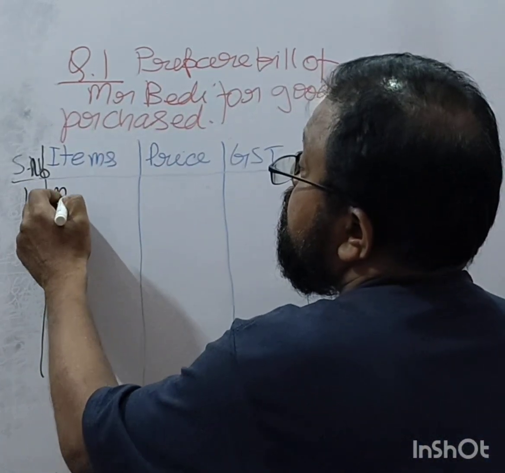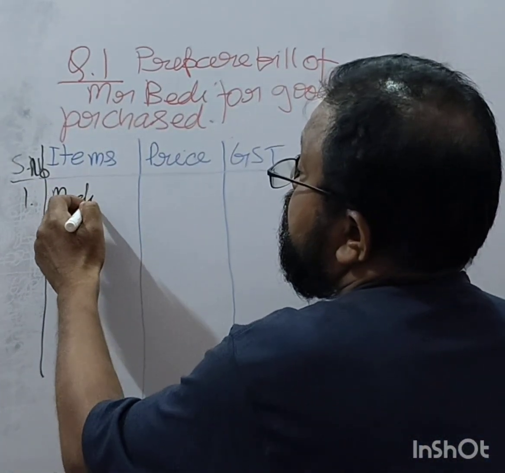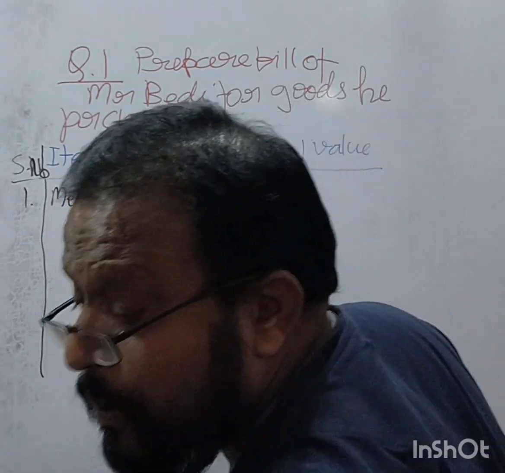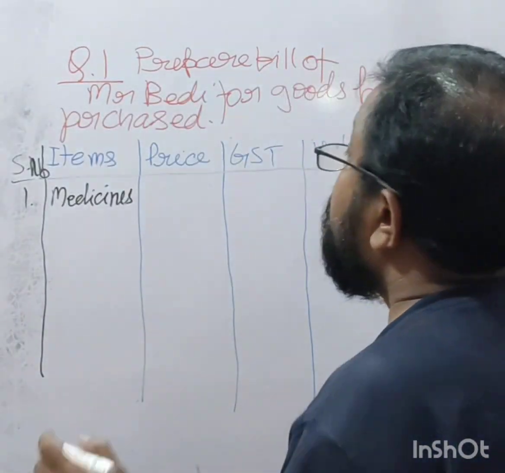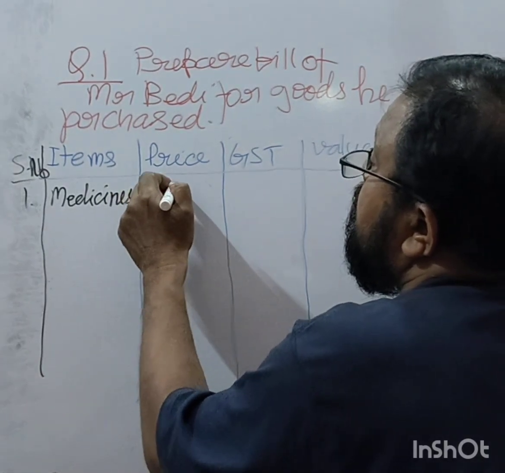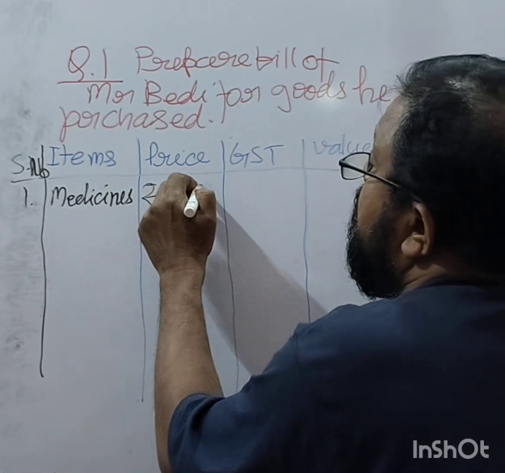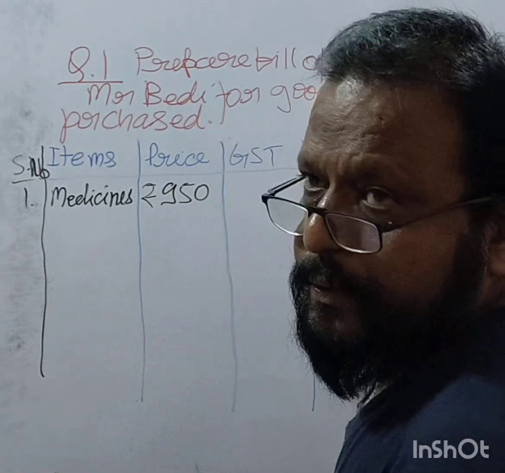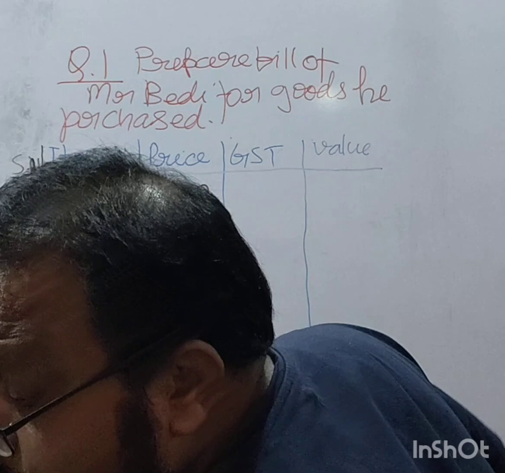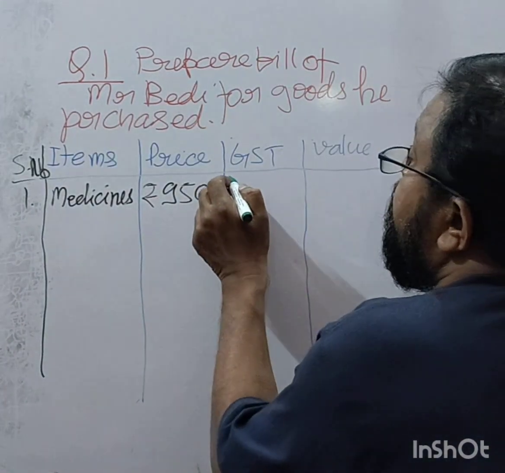Medicines cost is rupees 950, and GST is 5%.